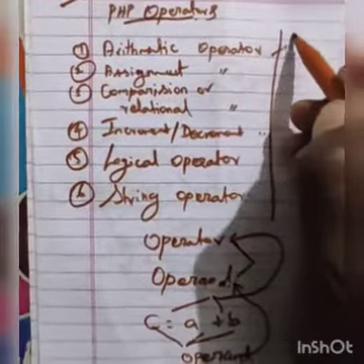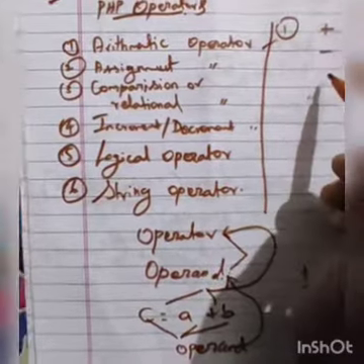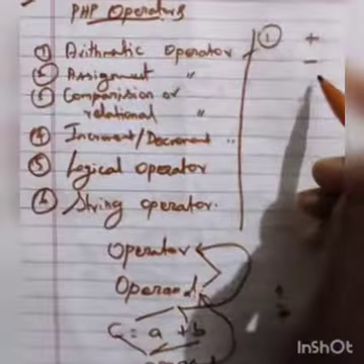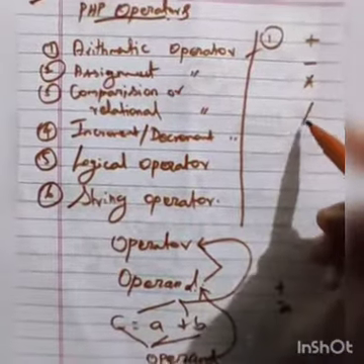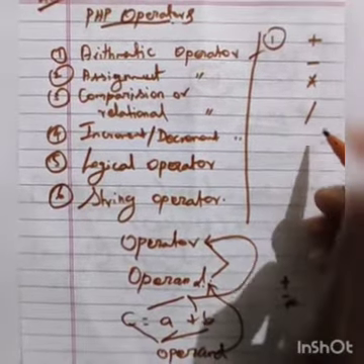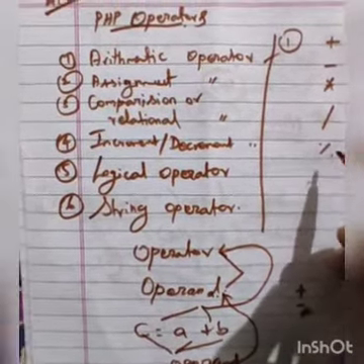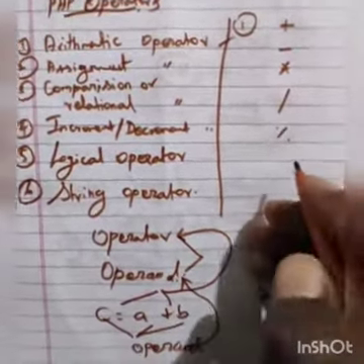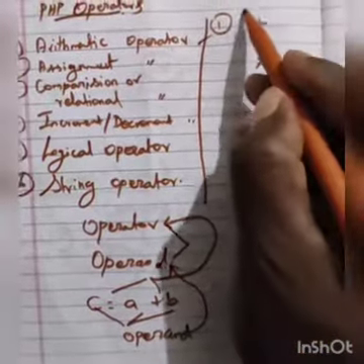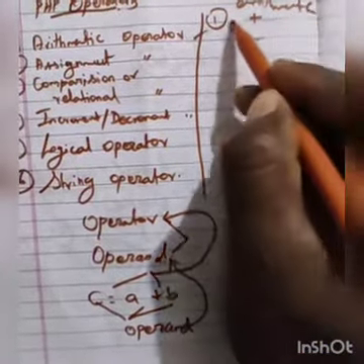Sir, what is the first operator? That is plus, minus, then asterisk, division. Basically these 4 operators. Next, modulus. I will give examples for each one. So these are arithmetic operators.